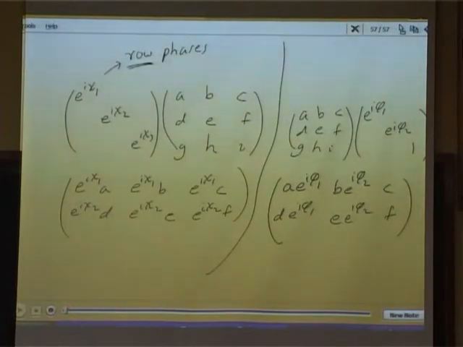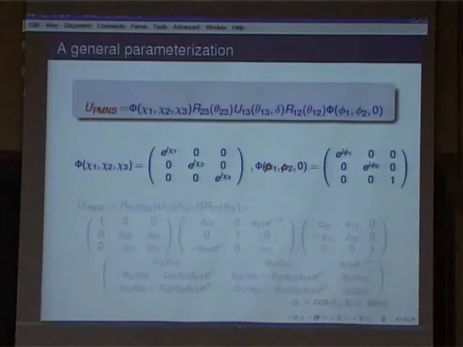So these phases are column phases, so they multiply columns. These are informal names for it. I'll tell you what the formal names are. You can call it the row and column. So these are the two matrices that deal with rows and columns.